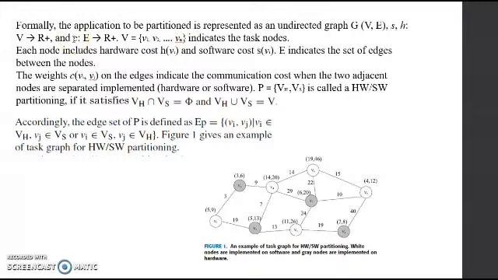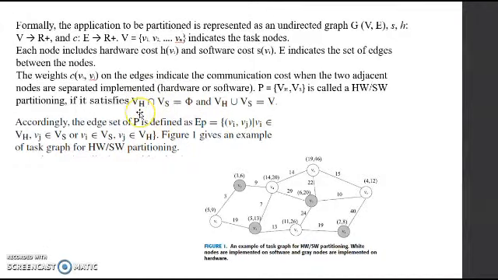E indicates a set of edges between the nodes. So the weights C(Vi, Vj) on the edges indicate the communication cost, where the two adjacent nodes are separated, implemented in hardware and software. So P is equal to (VH, VS) is called a hardware software partitioning if it satisfies VH intersection VS is equal to null and VH union VS is equal to V.